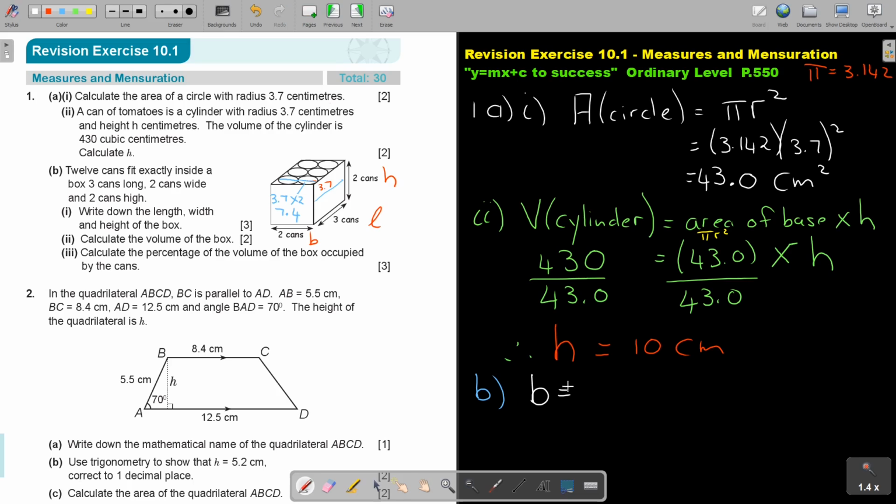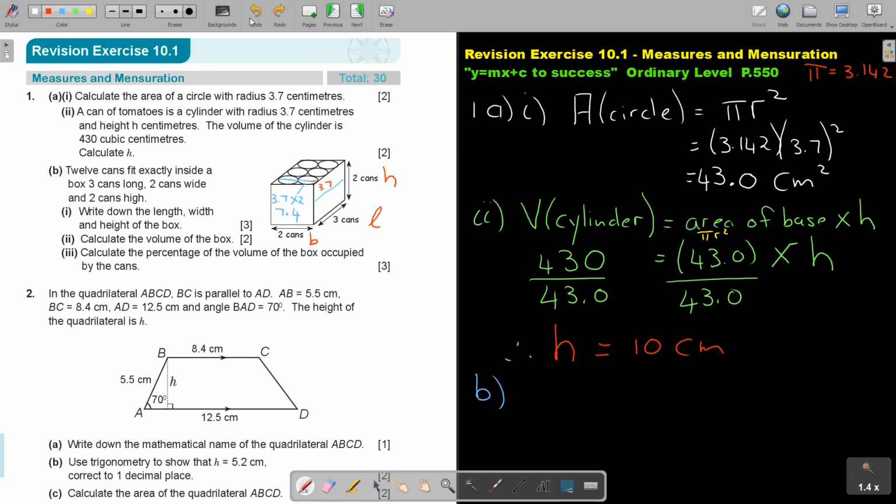The breadth, it will be that it was actually 3.7 times 2, and the breadth will be 7.4. Every time I work with this, I just want to redo it, sorry.